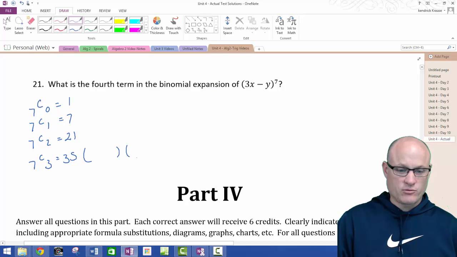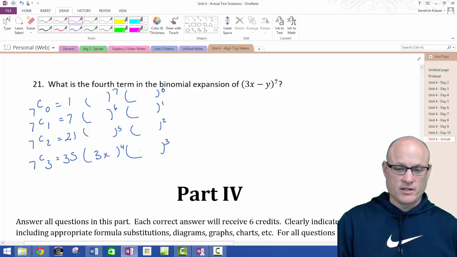Parenthesis, parenthesis, parenthesis, parenthesis. So I'll need my calculator in a minute for this one. 7, 6, 5, 4, 0, 1, 2, 3. So this goes 3x, and this goes negative y.